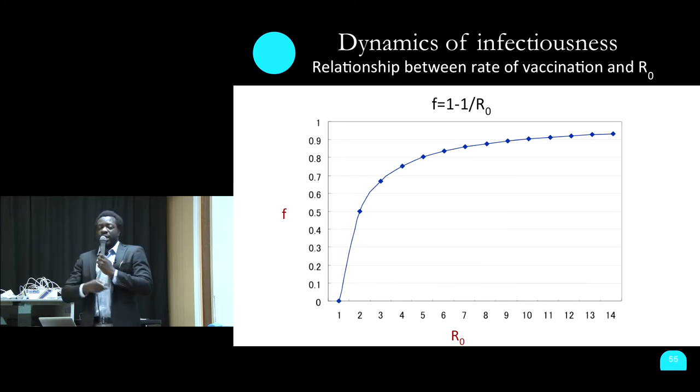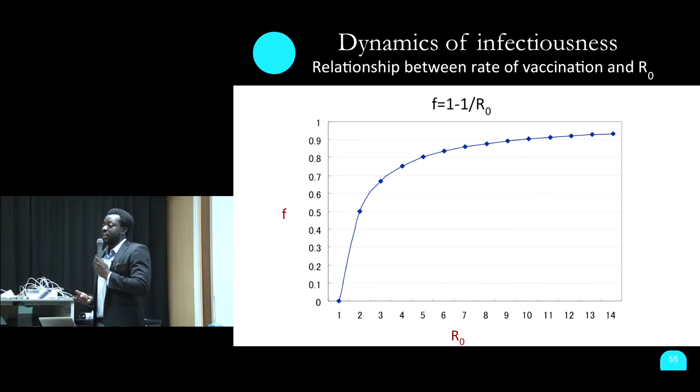So even any further increase in the R naught is not followed by a big increase in the vaccination rate or coverage. But the take-home message is that the vaccination coverage is based on the value of R naught. Bigger R naught means higher vaccination coverage. Lower R naught means lower vaccination coverage.